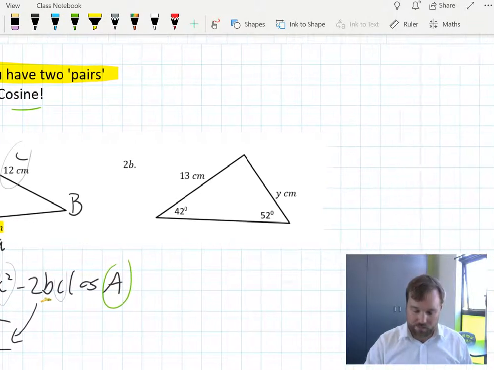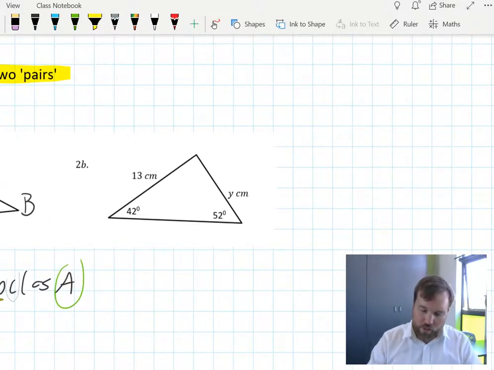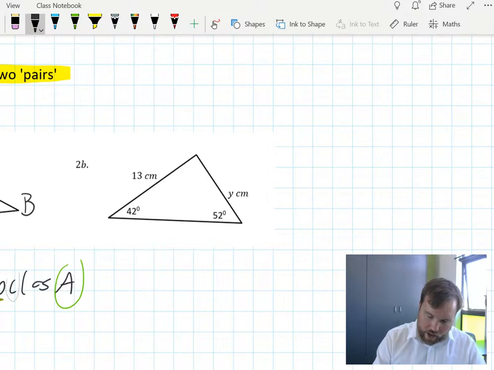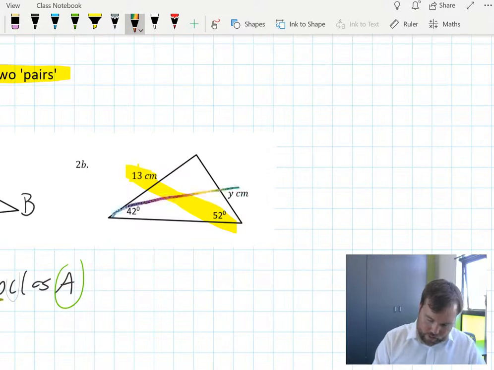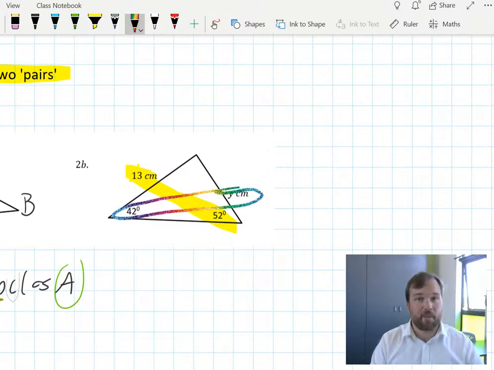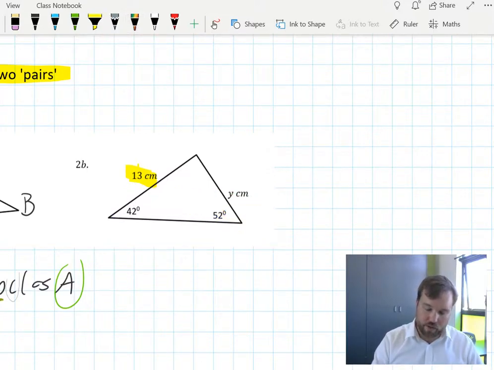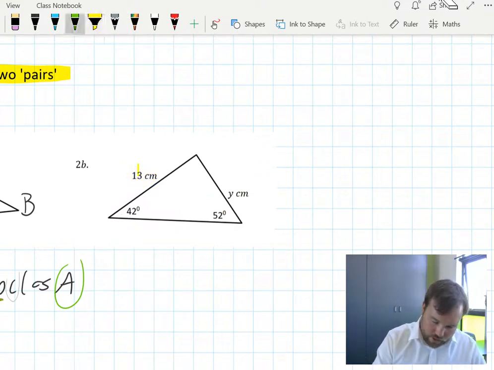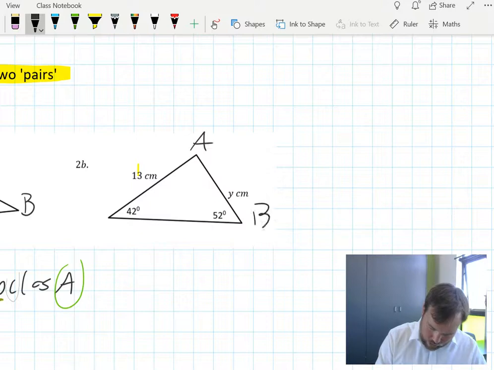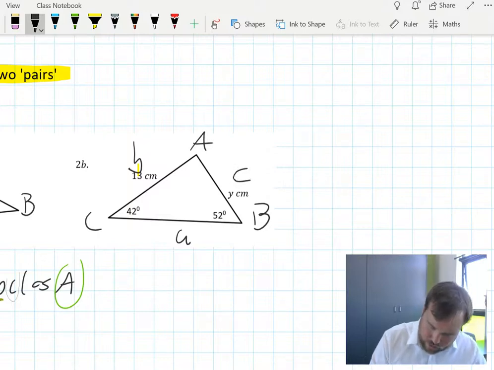Alright, so here, when to use which one, we're finding a side, and we're looking for pairs. That's a pair, and that's a pair. So, happy days. A couple of pairs, so we're using sine rule. Now, label our sides, and then we'll decide which form of the sine rule to use. A, B, C, A, B, C. Apologies, my pen's half broken.